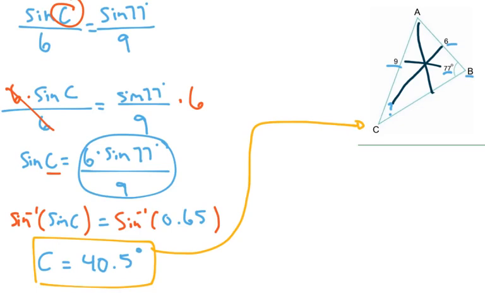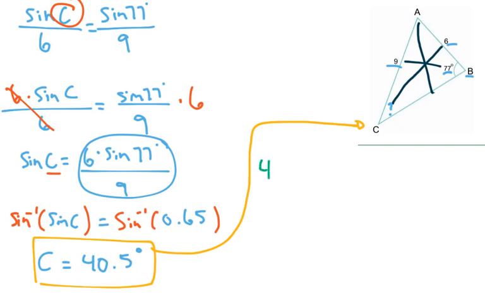Now, from previous experience, like we were describing earlier, we can use the fact that the interior angles of a triangle add up to 180. I'm just going to jump right to the good stuff and say 180 degrees minus 40.5. Actually, you know what? I'm going to take this a different route. We'll set it up the same way that we did before.